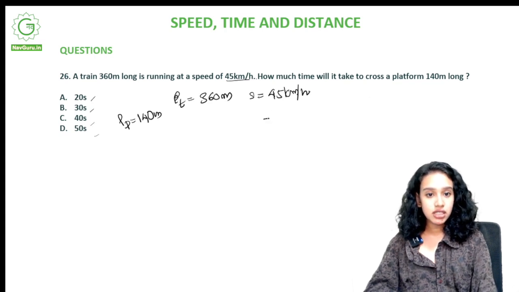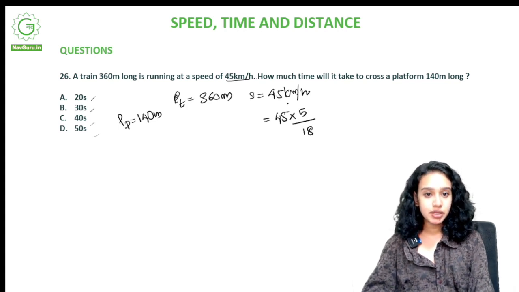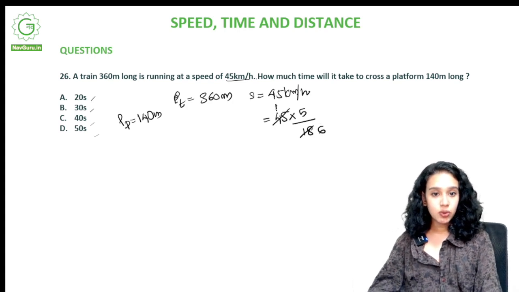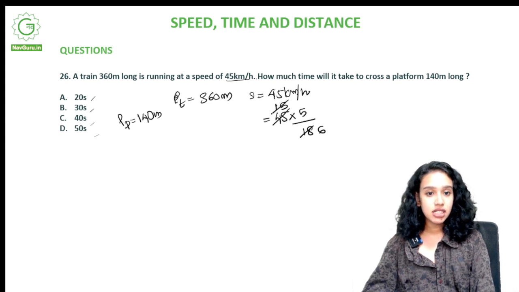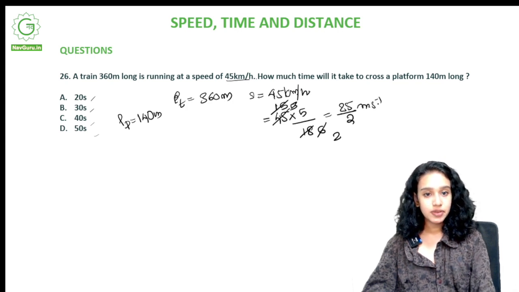So we need to convert this 45 km per hour speed by multiplying by 5/18, because we are converting this into meter per second, right? Cutting 3 from each, we get 6 and 3, and 5 3s are 15. Again we cut 3, and we get 25 by 2 to be the speed in meter per second, right?